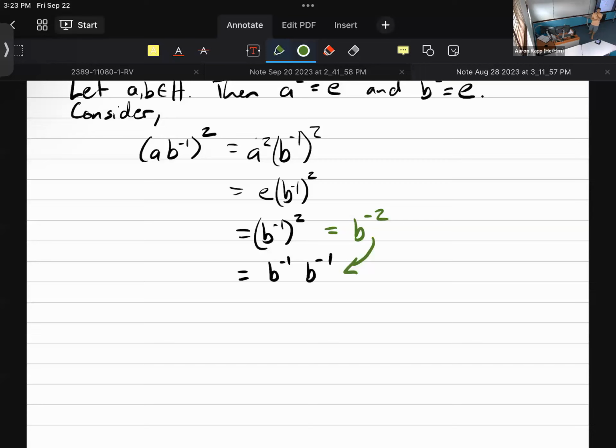B inverse is in G, but I'm not worrying about G itself. I'm working with H. B inverse, we don't know. I'm not sure if you can actually prove it. She might be able to.